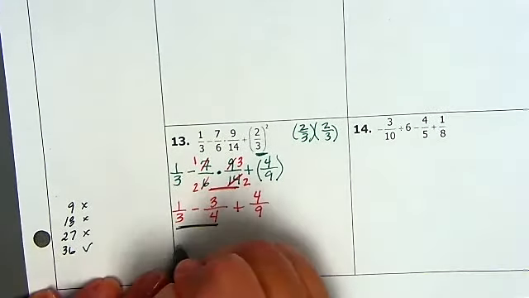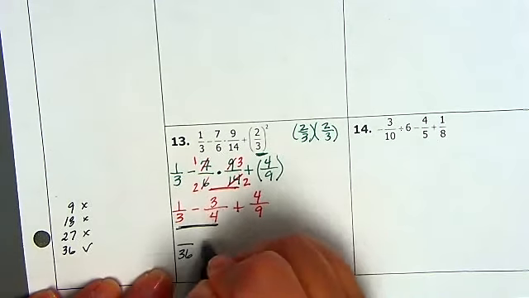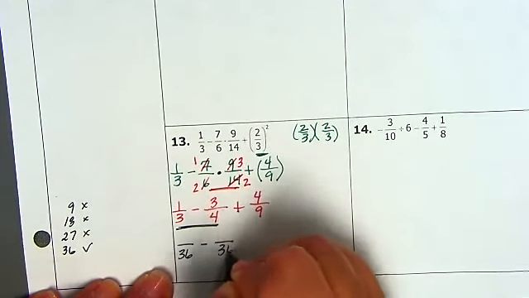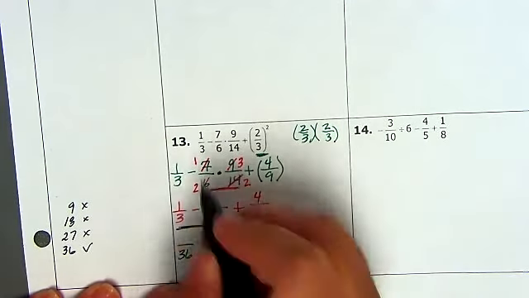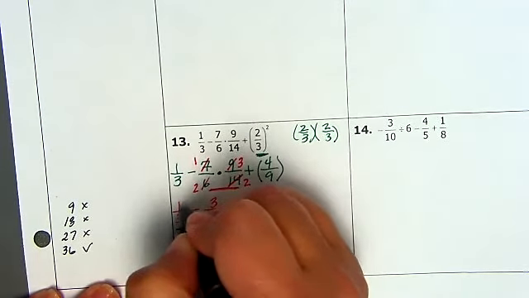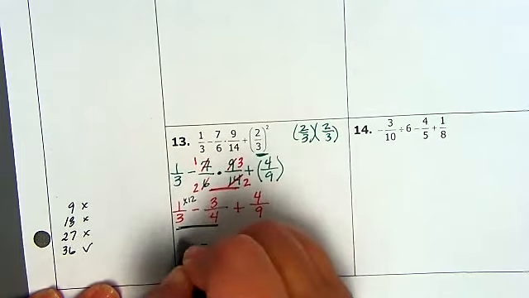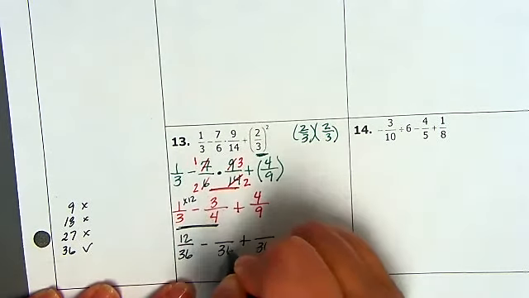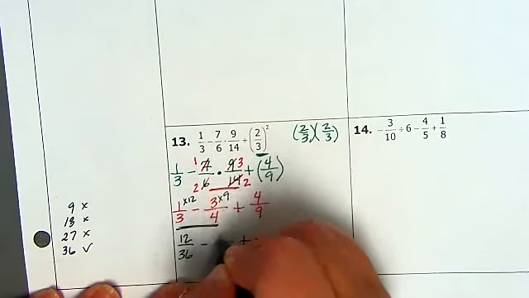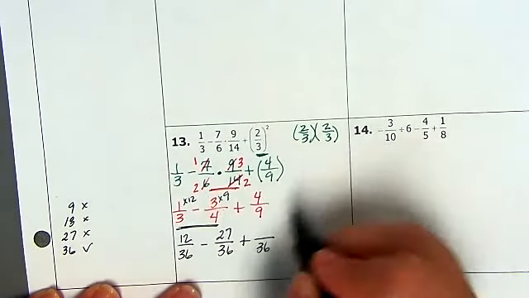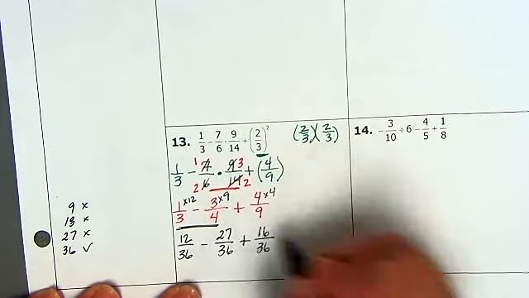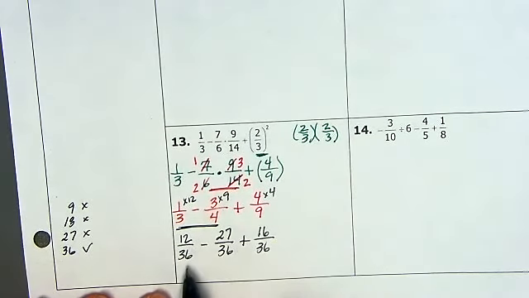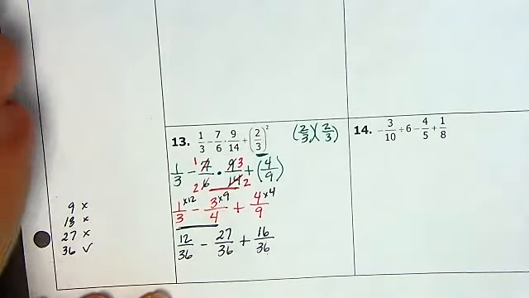Okay, so I'm going to have a common denominator of 36. All right, 3 goes into 36 12 times. So that's going to give me 12. My new 4 goes into 36 9 times. So that's going to give me a new numerator of 27. 9 goes into 36 4 times. So my new fractions are 12 over 36, 27 over 36, 16 over 36.